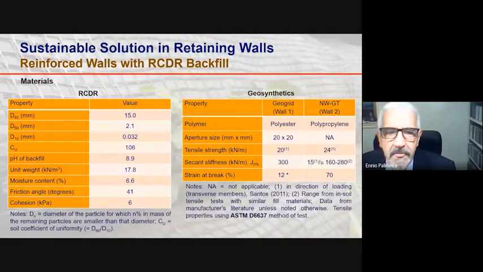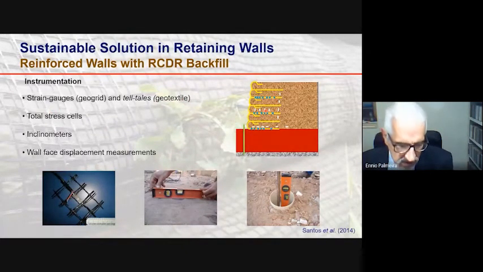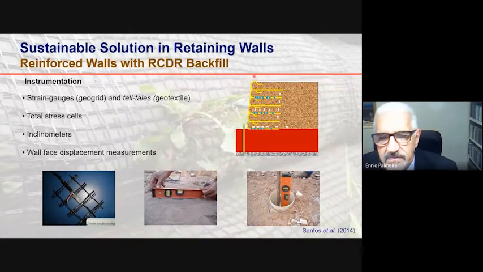The instrumentation of the walls consisted of strain gauges to measure strains in the geogrid reinforcement, and telltales to measure strains in the geotextile reinforcement, total stress cells to measure horizontal and vertical total stresses, and wall face displacements were also measured.